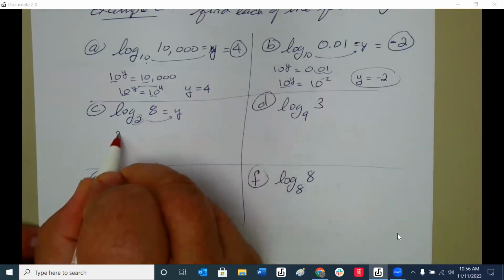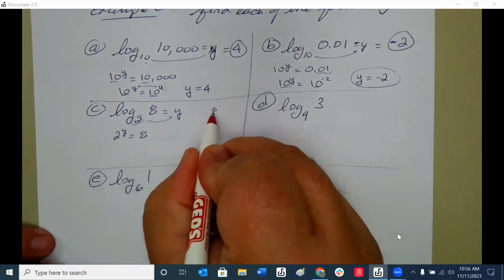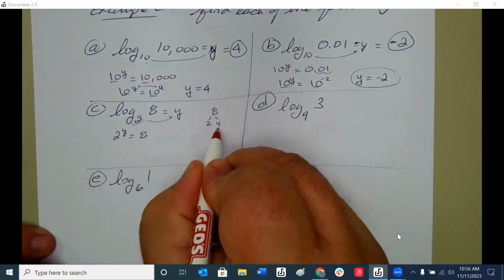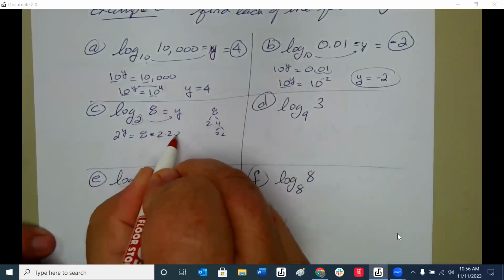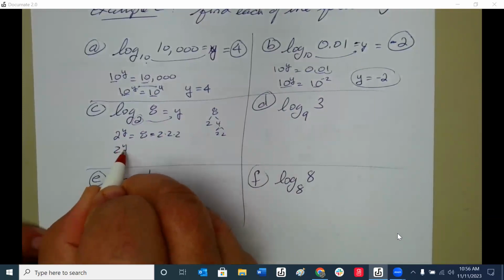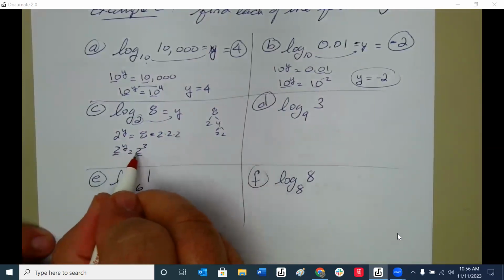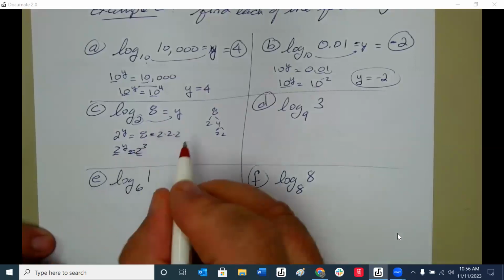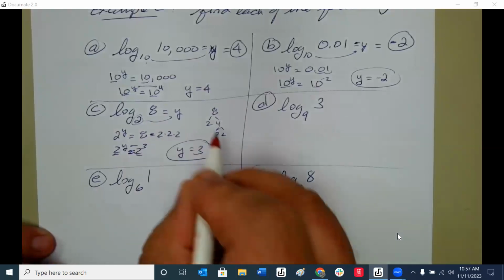Next, 2 to the power y equals 8. 8 is 2 times 2 times 2, which is 2 to the power 3. Since the bases are the same, y equals 3.